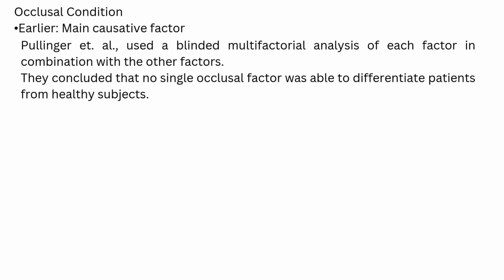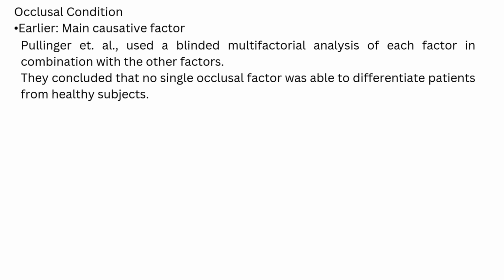Coming to the occlusal conditions, or what we call malocclusions. Earlier, malocclusion was considered a major causative factor, but then the Pullinger et al. study stated that malocclusion can be one factor, but it is not the only main factor causing TMDs.